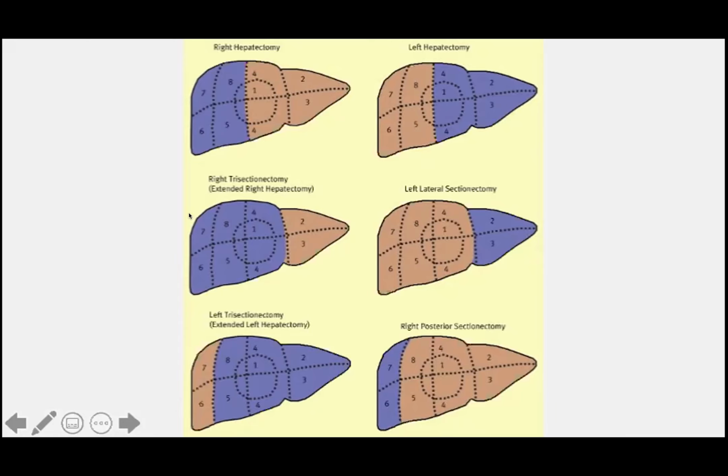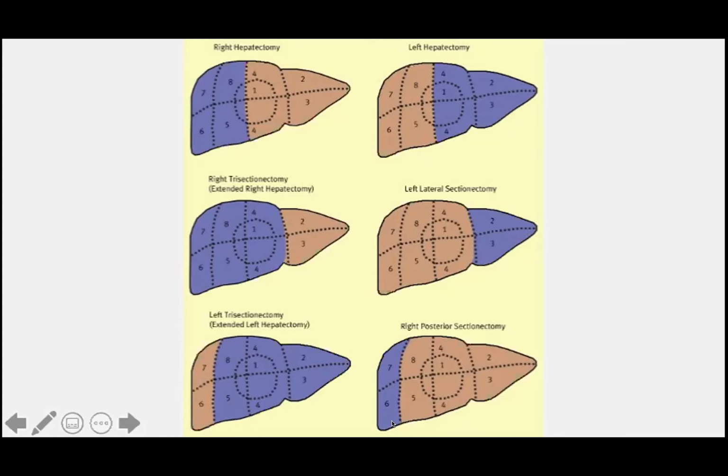Extended right is the same plus segment 4. Extended left is a left hepatectomy plus the next segment over, so 8 and 5. And then there's a left lateral segmentectomy, which is 2 and 3, and then right posterior 7 and 6.